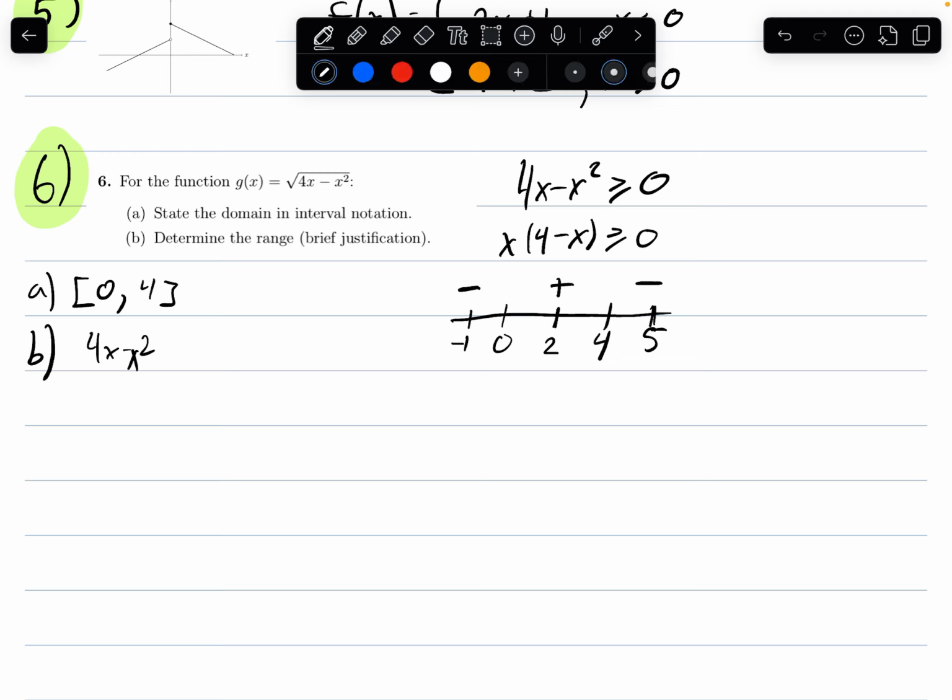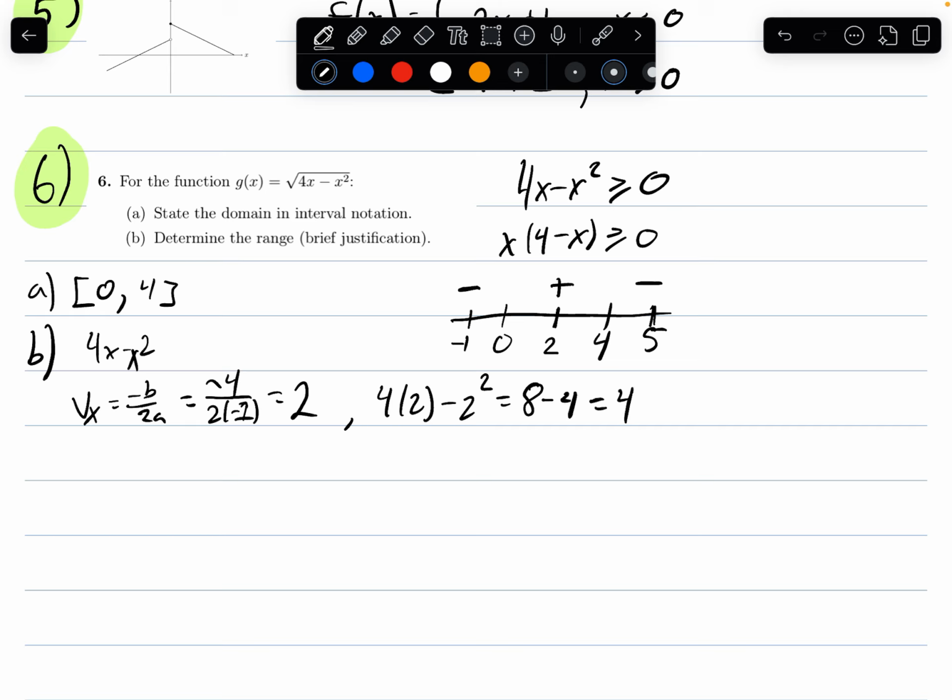To find the maximum value we use the vertex. The x coordinate of the vertex is negative b over 2a. In this case, it's negative 4 over 2 times negative 1, which is equal to 2. So the x coordinate is 2. And the y coordinate is what you get when you plug that in: 4 times 2 minus 2 squared, which is 8 minus 4, which is 4.